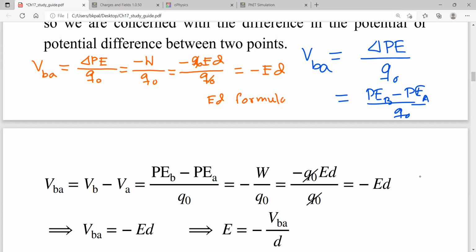Sometimes this formula is called the ED formula. This equation relates the potential difference between 2 points A and B, the electric field, and the separation between the two plates. For example, here the separation is D, the separation between the two plates.